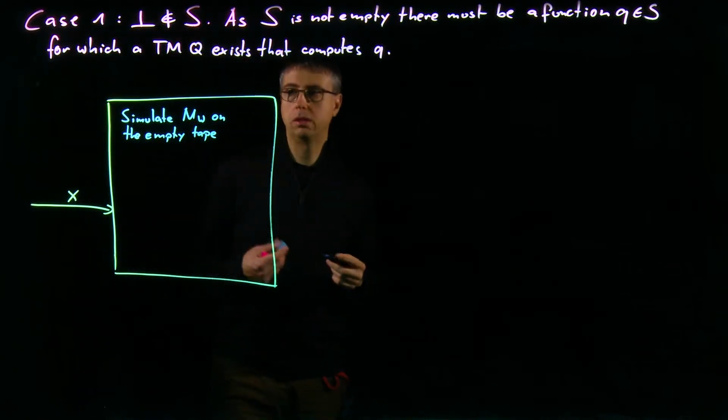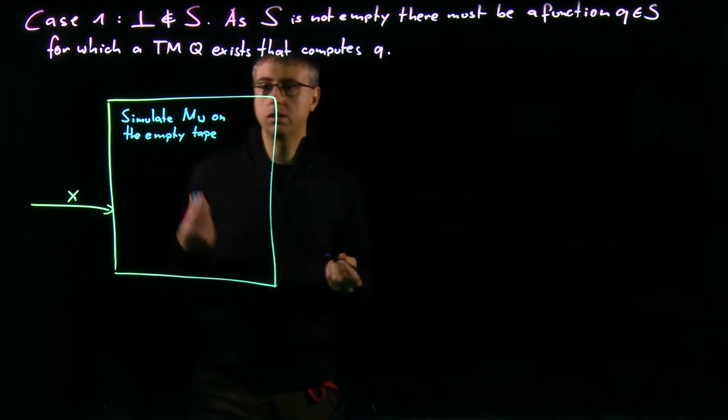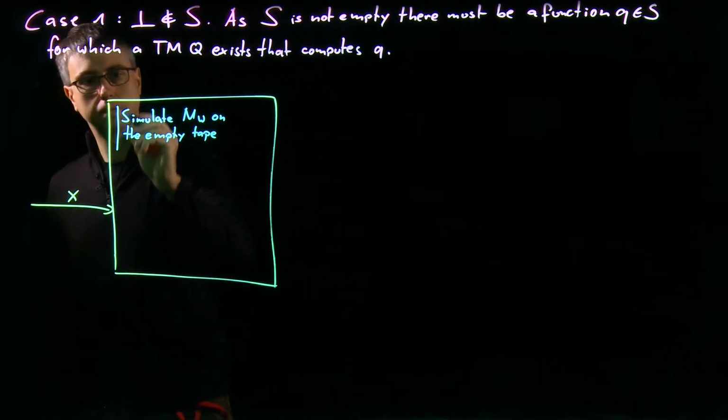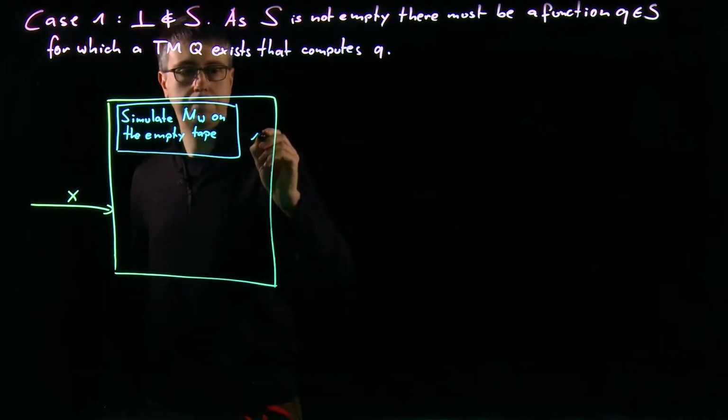So we just take one Turing machine M_W and simulate it on the empty tape. This is the first step.